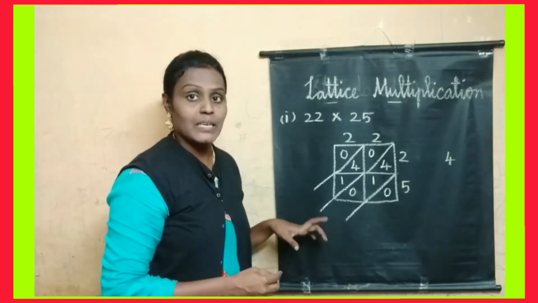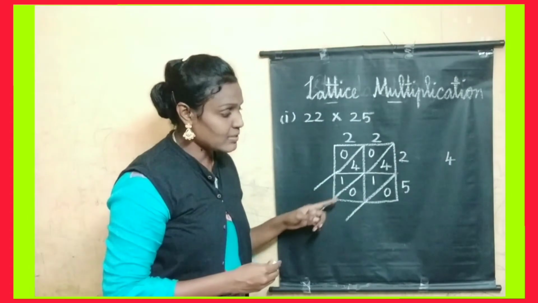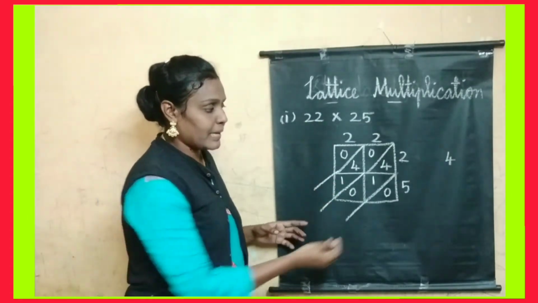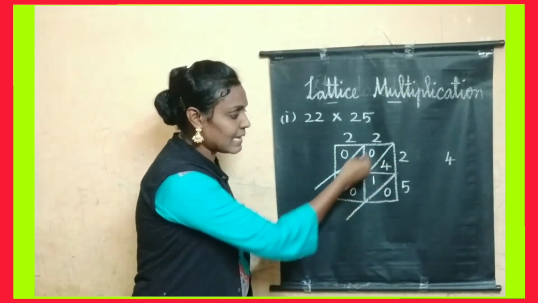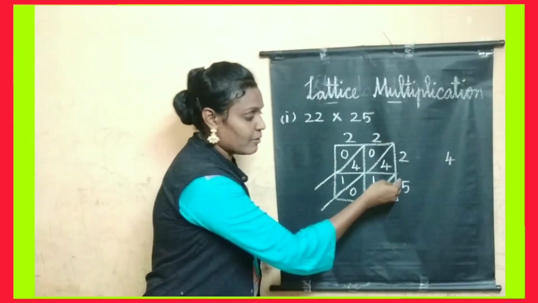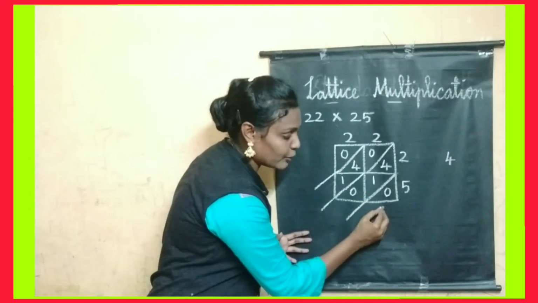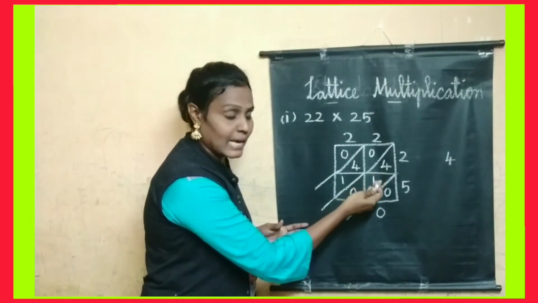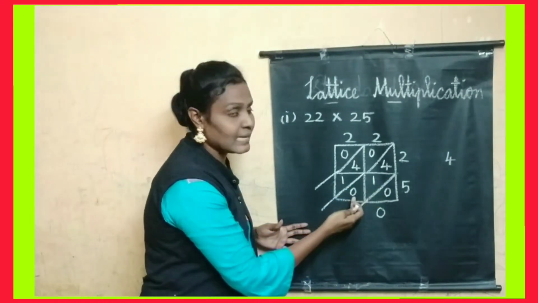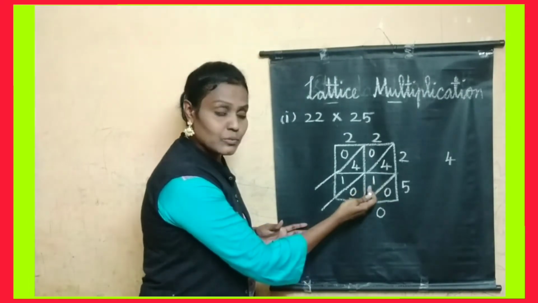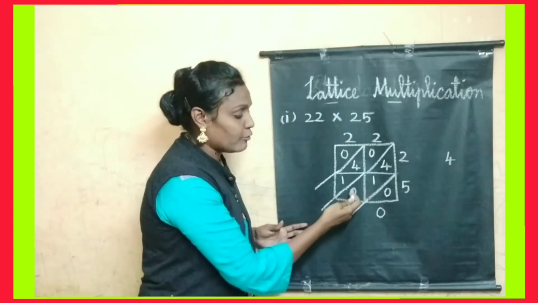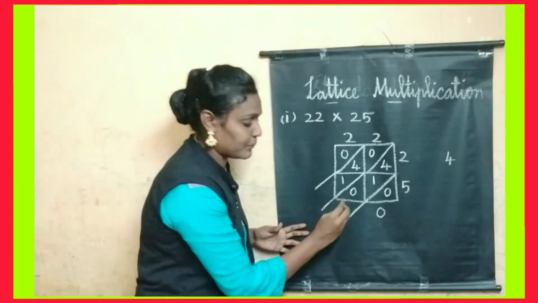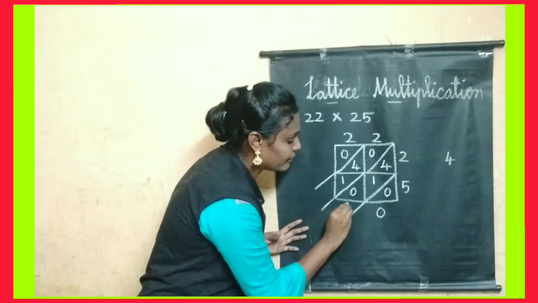Next step is, we have to add each diagonal. How should we add now? We have to add diagonal-wise. Okay, in the first diagonal there is only 0, so write 0. In the next diagonal we have 4, 1 and 0. 4 plus 1, 5. 5 plus 0, 5. So write 5.